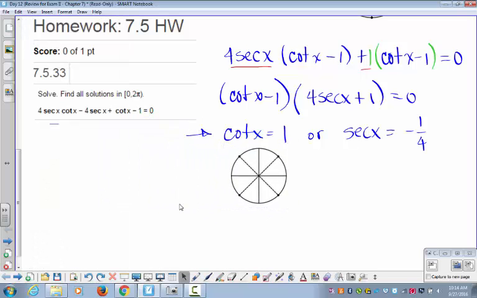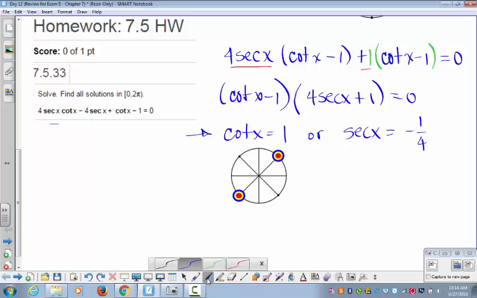So cotangent is 1 at the same exact places that tangent is 1. Right? The reciprocal of cotan is tan, and if the reciprocal of 1 is 1, then we're good there and there. 2 places where tangent and cotangent are equal to 1. Secant of x is equal to negative 1/4.